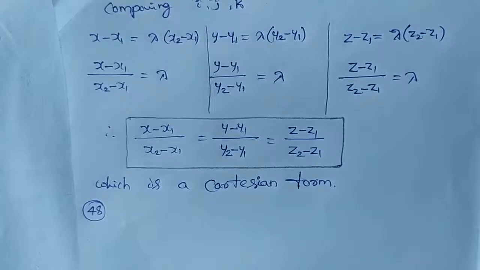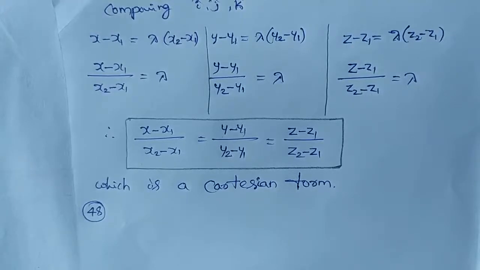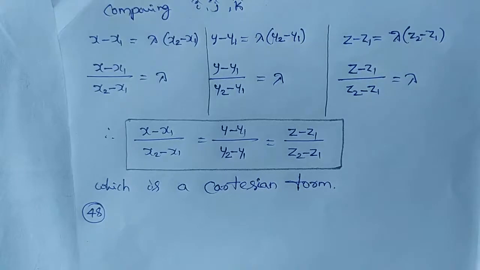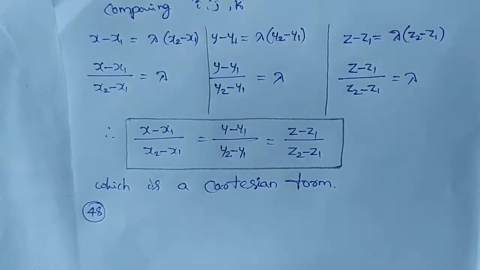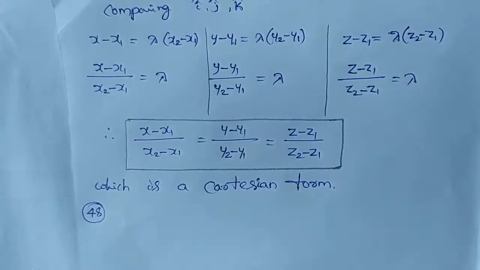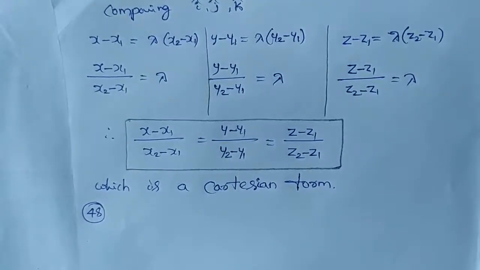If both try to solve the problem independently, find the probability that the problem is solved, and second, that exactly one of them solves the problem. This is the given question.